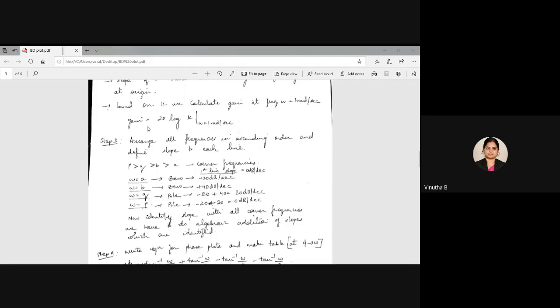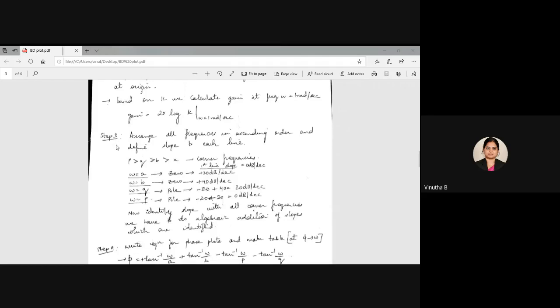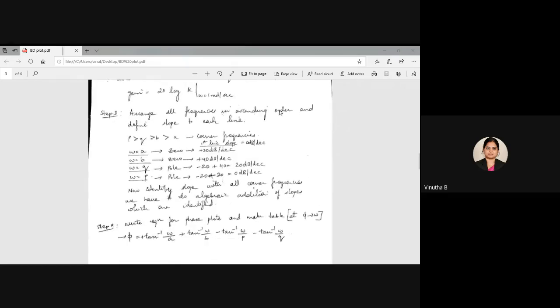Then the third step is to arrange all frequencies in ascending order and define the slope of each line. I told you that, suppose you have corner frequencies, say A as 1, B as 2, Q as 3, and P as 5. Then that will be the ascending order of the frequencies that you are going to arrange.